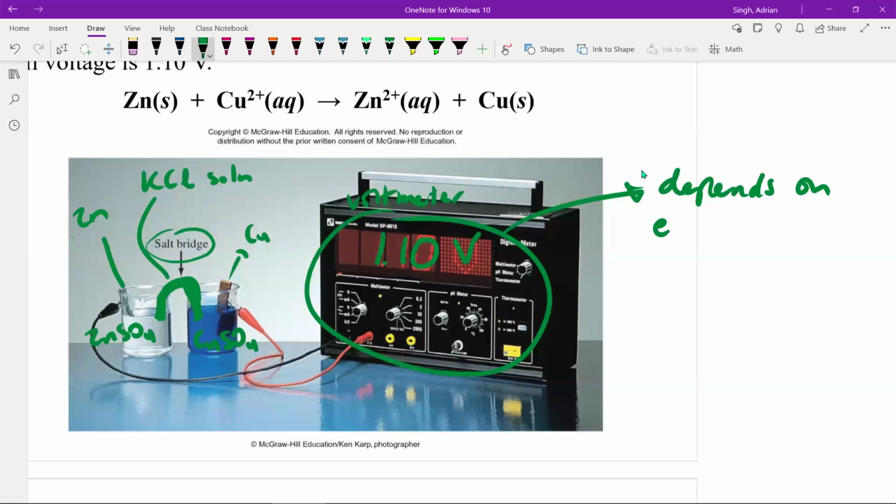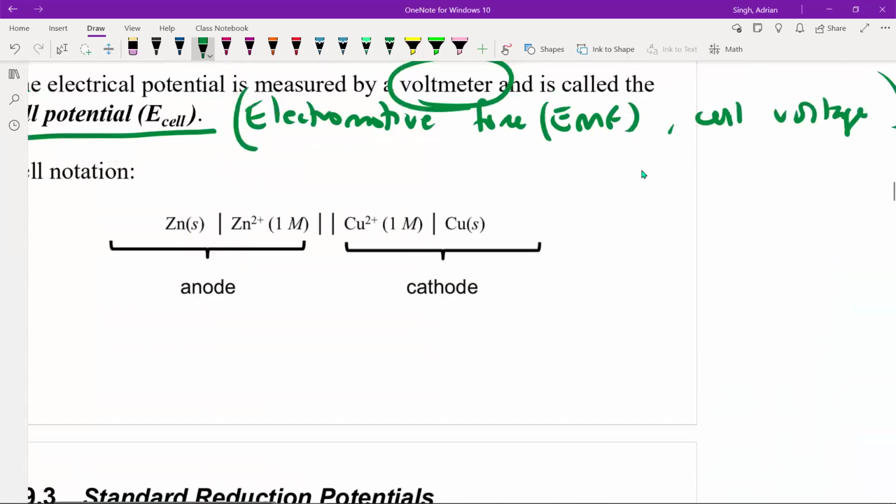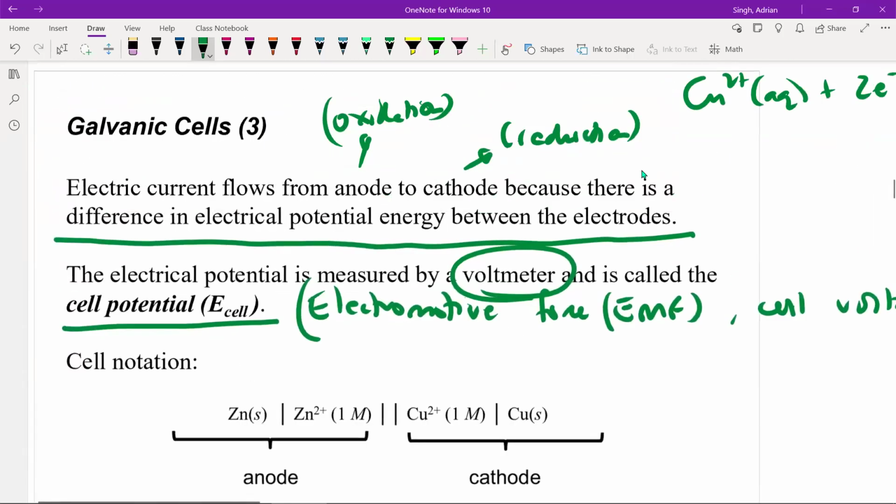It depends on the electrodes, obviously, the anode and the cathode. It depends on the ions we have in solution, but it also depends on the temperature, and on the concentration of those ions that we have.